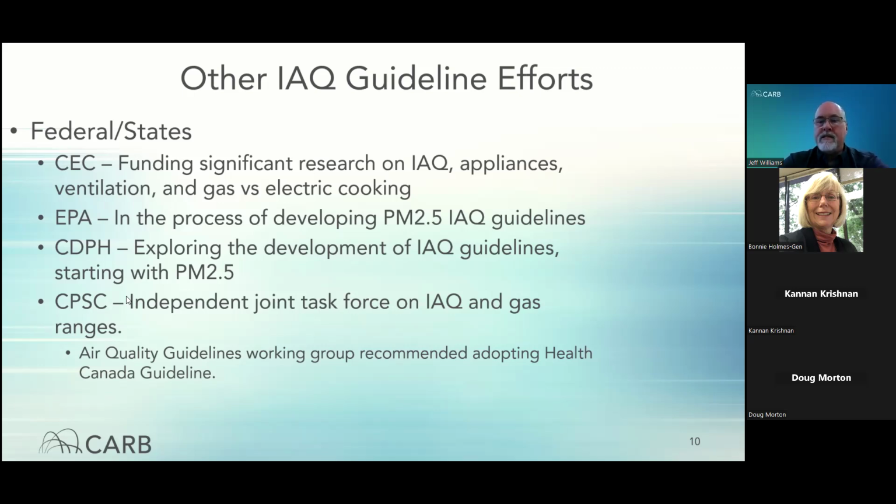Finally, the Consumer Product Safety Commission convened a task force of industry and consumer interest groups to make recommendations for voluntary standards, or I should say guidelines, and for code bodies to improve IAQ in homes from pollutants emitted by gas ranges. A working group within the task force has recommended adopting the Health Canada residential indoor air quality guidelines.